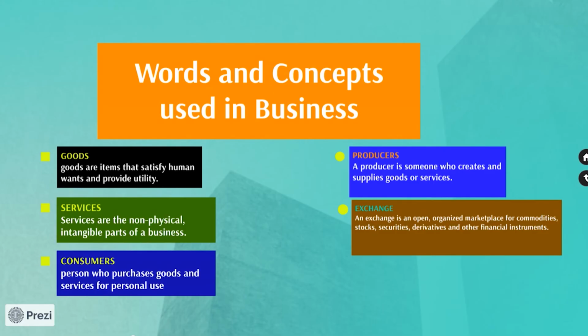If a person purchased a well-needed textbook, then that person gave up something of value, such as money, for something that he or she desires, such as a textbook. It is important to note that money is not always used in exchange. Two persons may agree to exchange one good for another good, or one service for another service. This activity would be referred to as barter, which we will later look at.